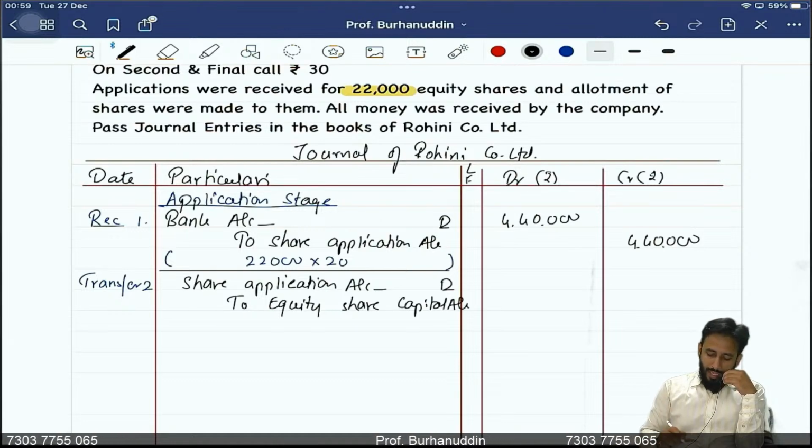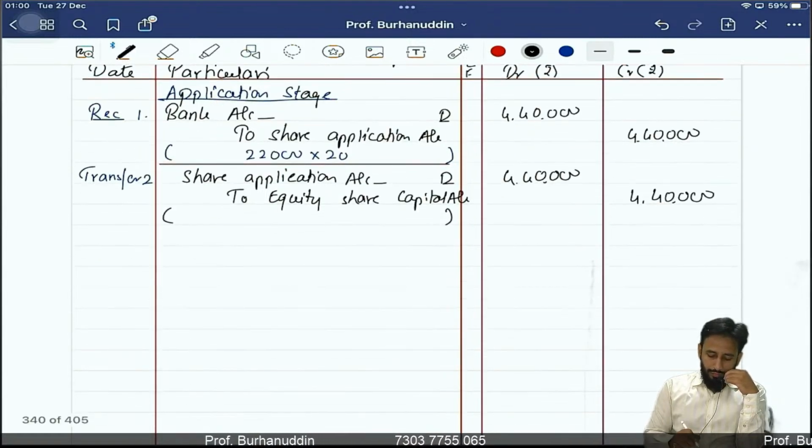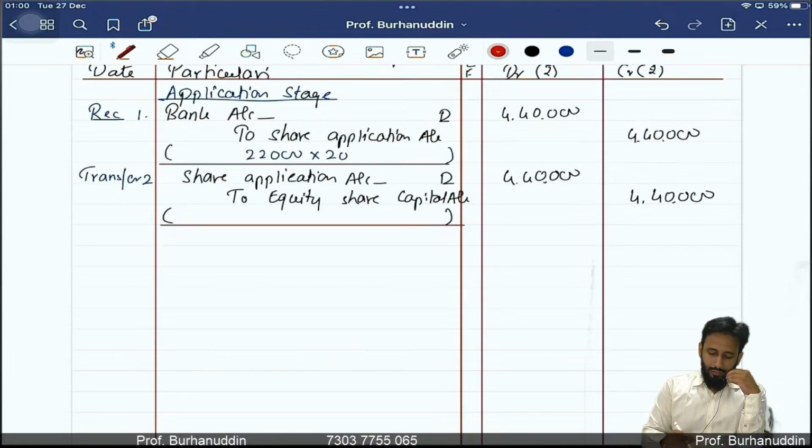The amount will be exactly the same, that is going to be 4 lakh and 40,000. Done. The next is our allotment stage.